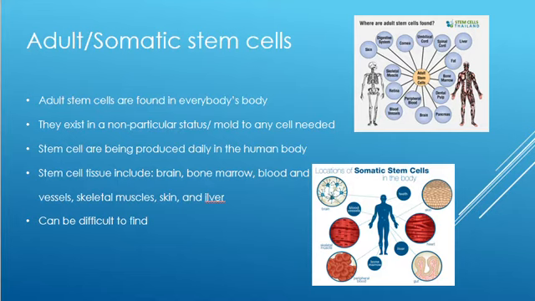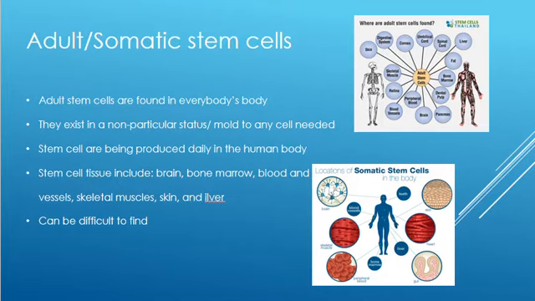And they exist in a non-specific state, so it can help form into any cell that is needed for a particular situation. Stem cells are being produced daily, since cells on the outside of our body, or skin rather, are constantly being shed and need to be replaced, so stem cells are there to continue to divide.